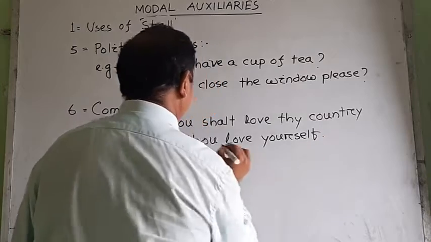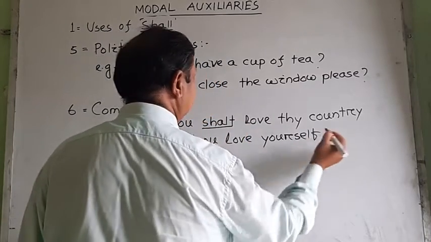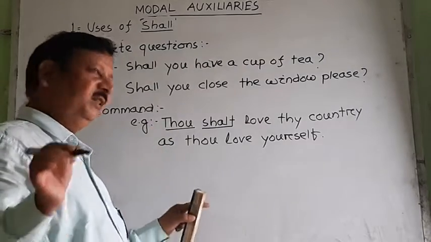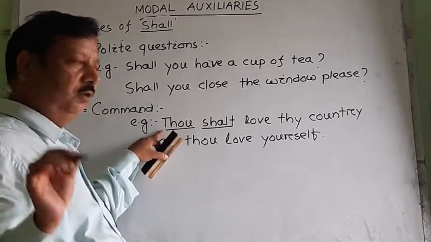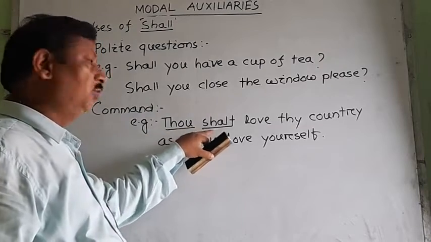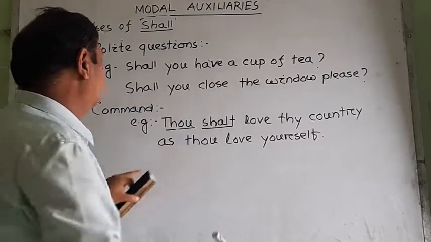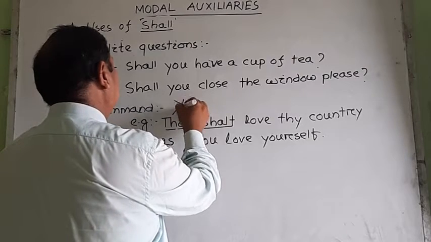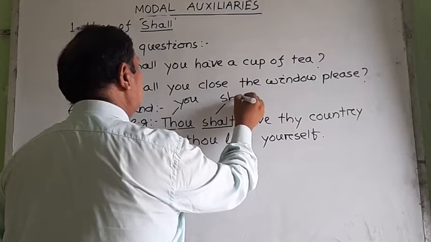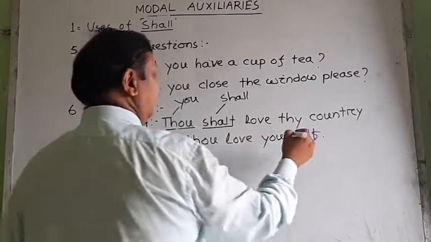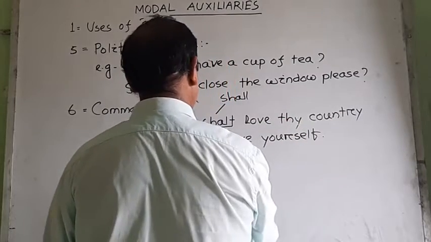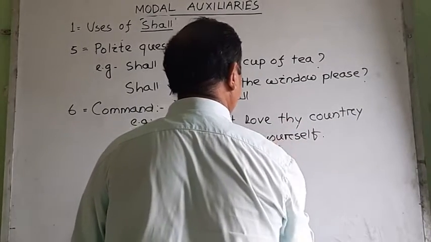Here, these are some sort of archaic language. At the time of teaching poetry, you must learn all those things because you will come across the archaic use in most of the poems. So thou means here you, and shalt means shall, and thyself.